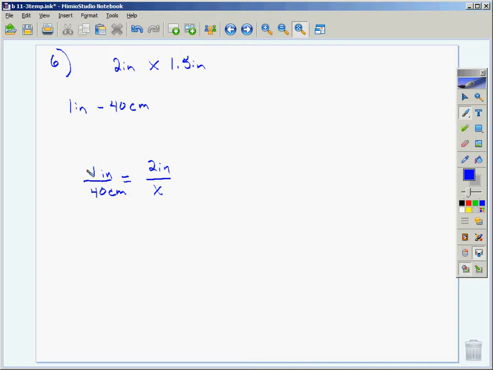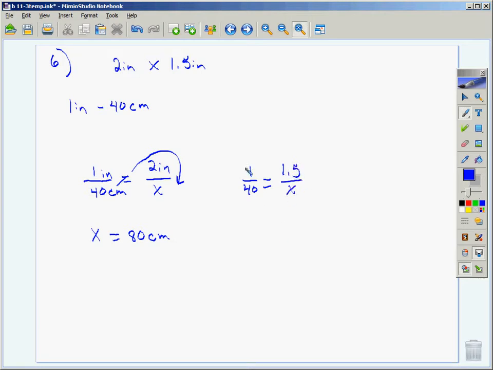And I would actually cross multiply. 1 times x is obviously just what? Just x. And then I'm going to take 2 times 40, which is 80. So I'm going to have 80 centimeters for one dimension. And then I'm going to do the same thing on the other one. 1 over 40 equals 1.5 over x.